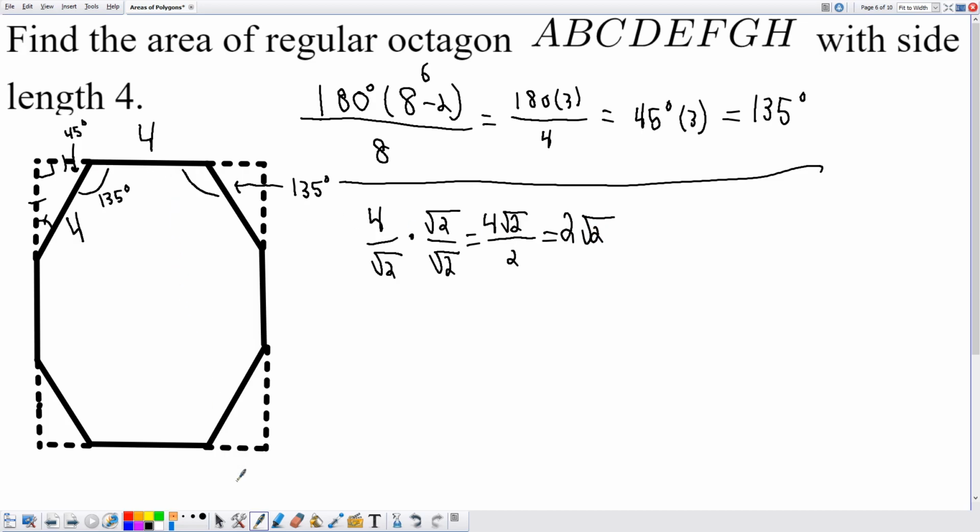So we have 2 times the square root of 2. Now, we can start filling in some of our missing spaces. So we have 2 root 2 on each of the side lengths.